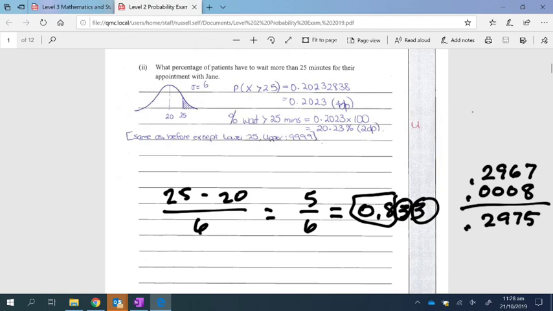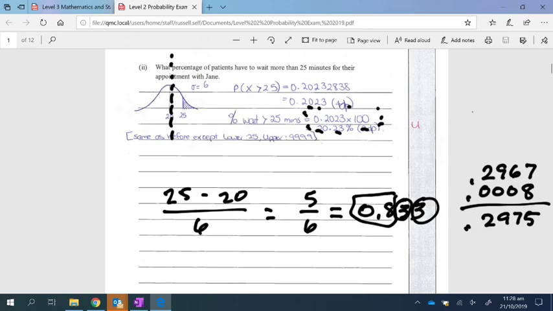Okay. Now, notice though that it's not what we have here, because our score gives us everything above that line.